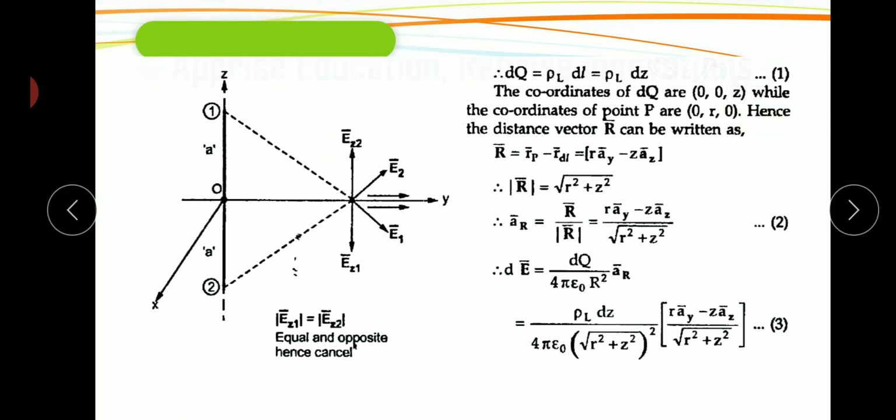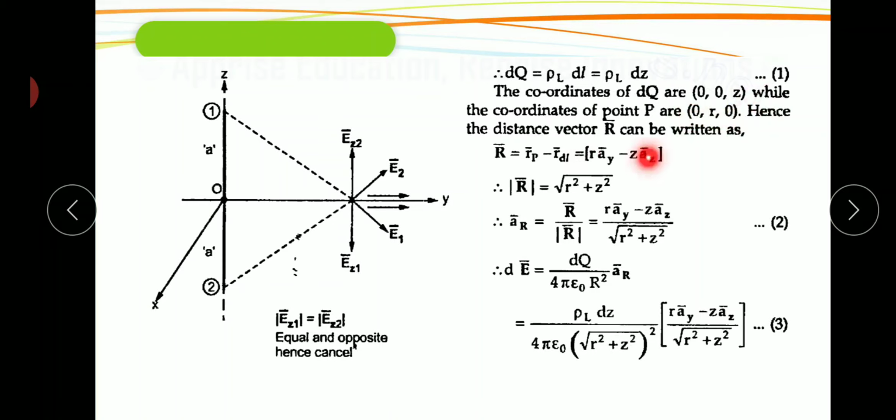So here we have to assume 0, 0, z as x1, y1, z1 and 0, r, 0 as x2, y2, z2.